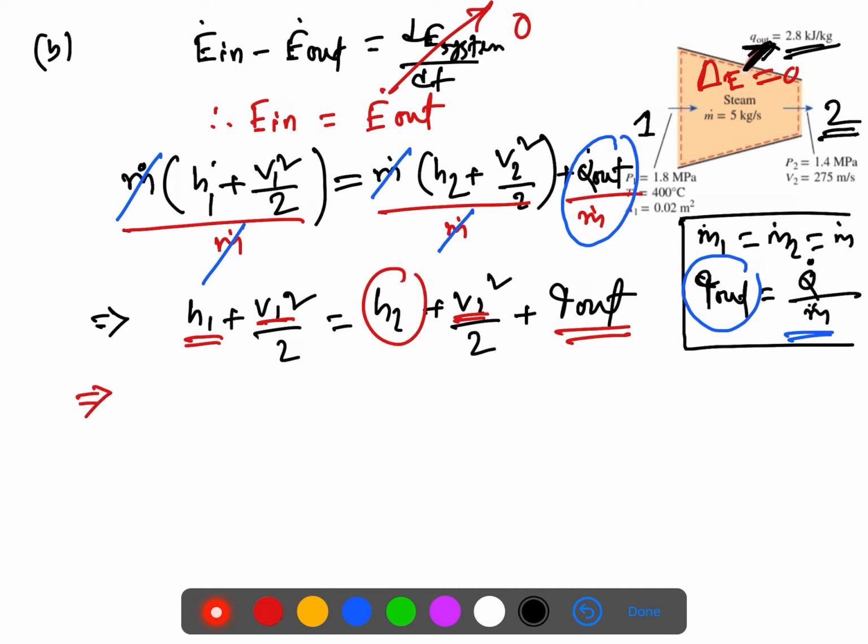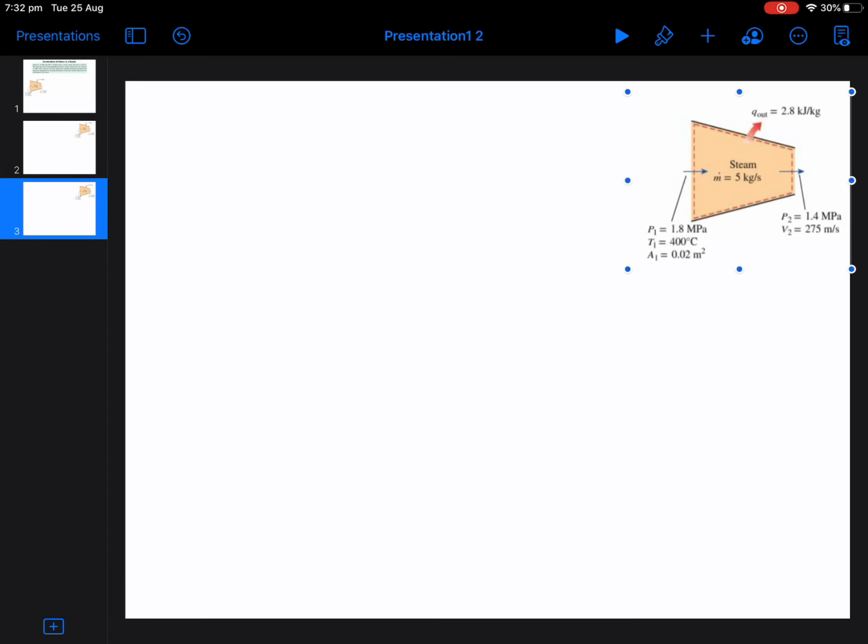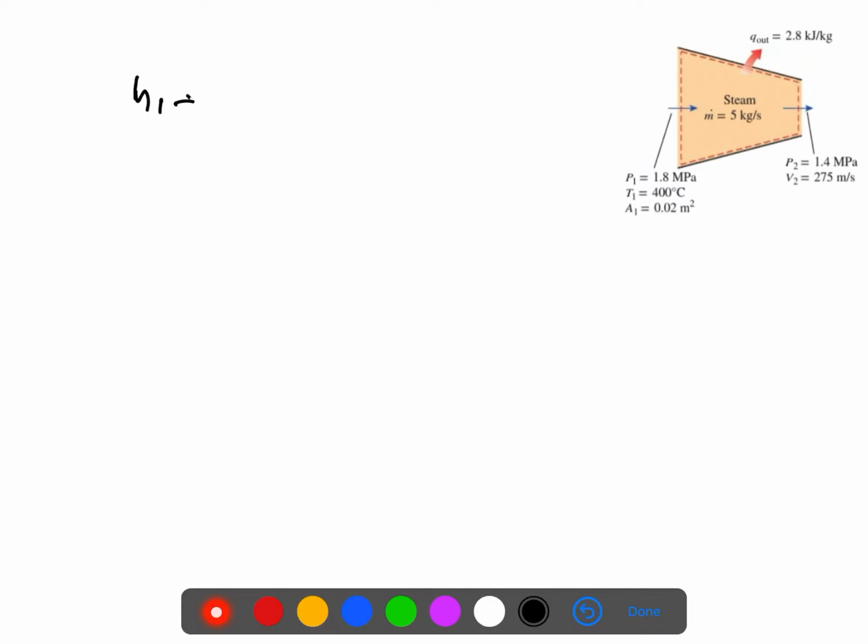So let's put all the values here. I think I need to write it down again. It will be h1 plus V1 square over 2 equals h2 plus V2 square over 2 plus q out.